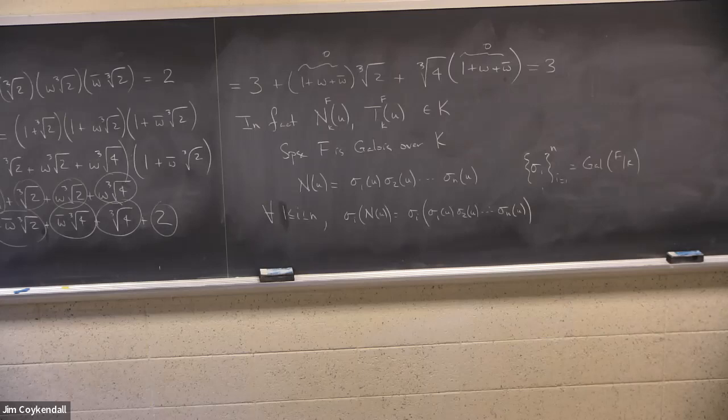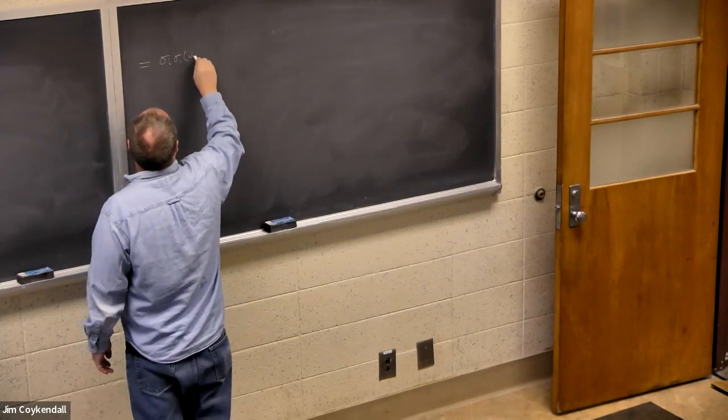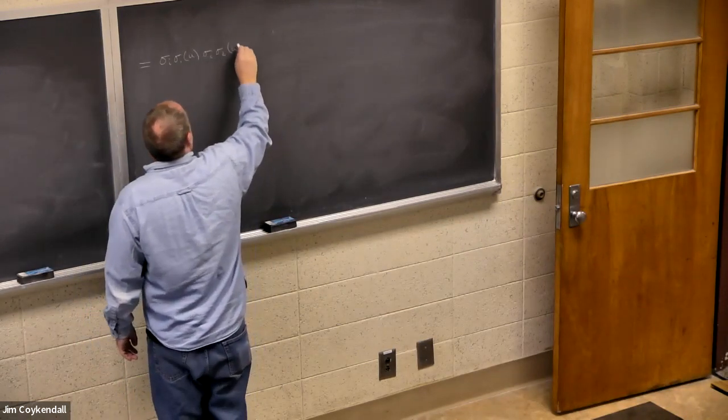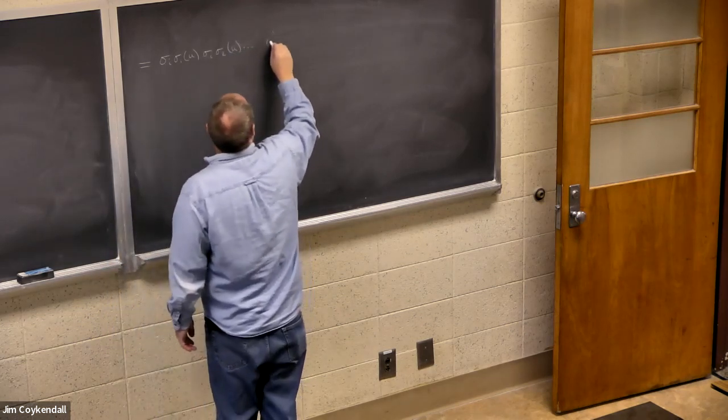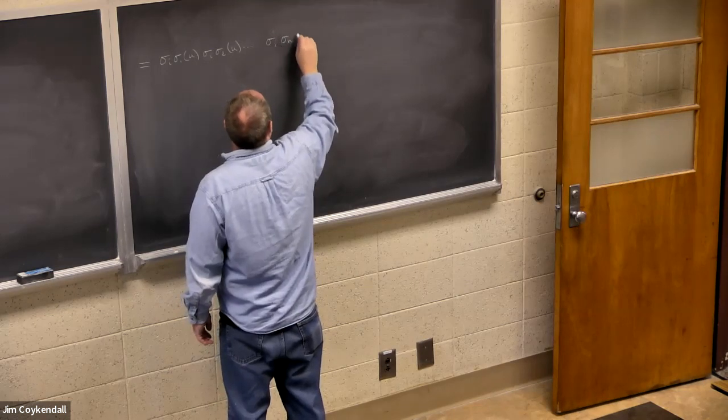Now, use the fact that sigma i is also an automorphism. Sigma i sigma 1 u, sigma i sigma 2 u, up to sigma i sigma n u.